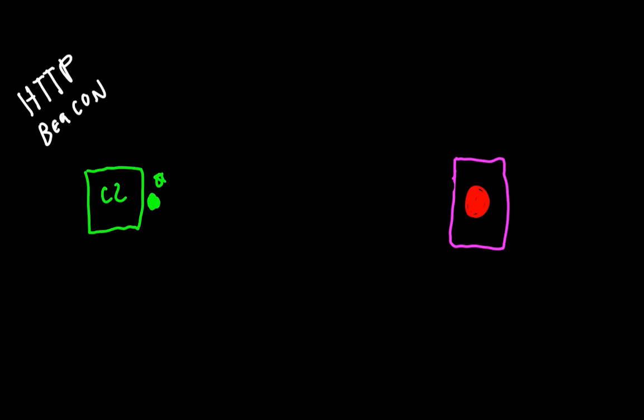And it will wake up later on, and you won't believe what happens next. Blue teams don't want you to do this, but they can't stop you. It makes an HTTP request. And in that HTTP request, it asks, do you have anything for me to do?